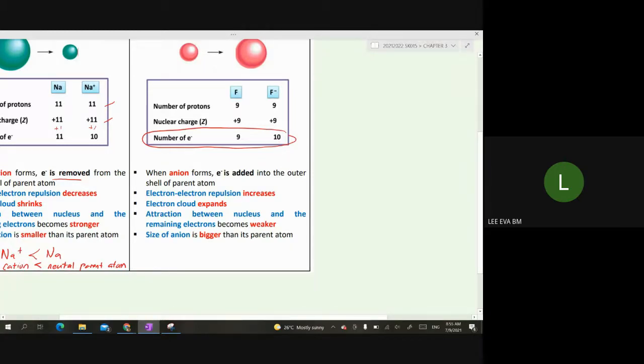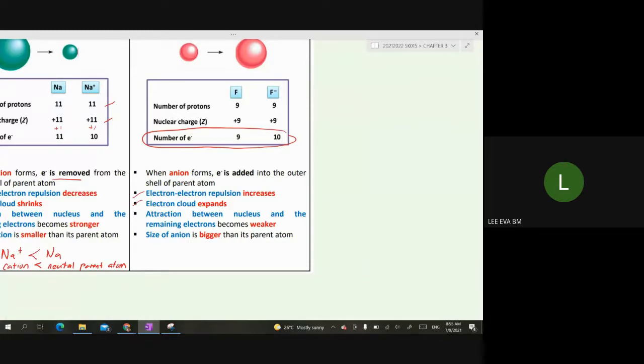So the explanation over here: when an anion forms, electron is added to the outer shell of the parent atom. Therefore, the repulsion between electrons increases and the electron cloud will expand. Tadi awak keluarkan dia mengecut. Sekarang awak tambah electron, cloud dia akan expand, mengembang.